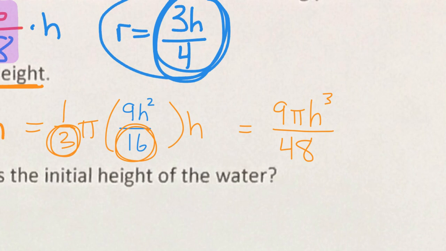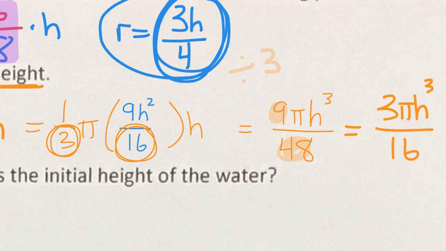It has one variable, pi, and a fraction. Can we reduce 9 and 48? If you don't, it's still correct, but in fact we can, because both have a multiplier of 3. If we divide them both by 3, I get the equation 3 pi h cubed over 16.